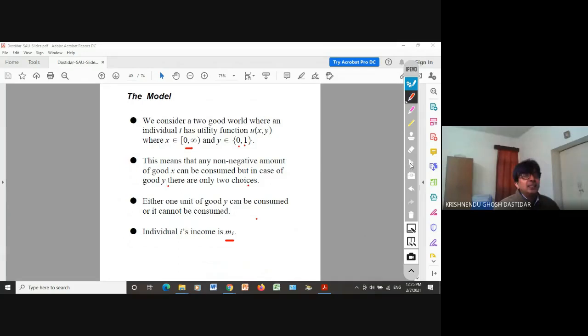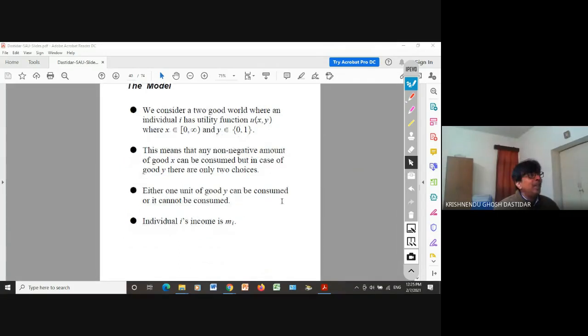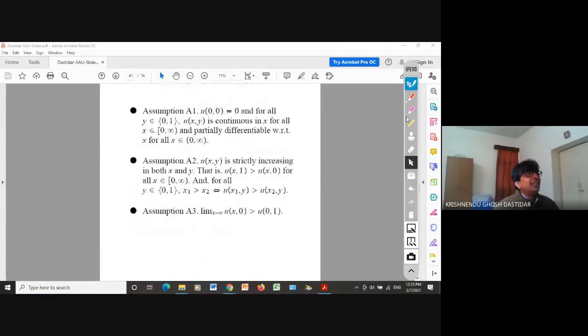So it's extremely simple. We make some assumptions on that. What's the first assumption? u(0,0) is 0. Very simple. And for all y in {0,1}, u(x,y) is continuous in x for all x, and partially differentiable with respect to x, so del u del x is well defined.